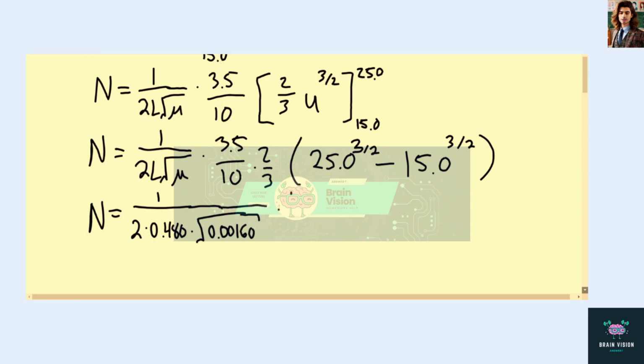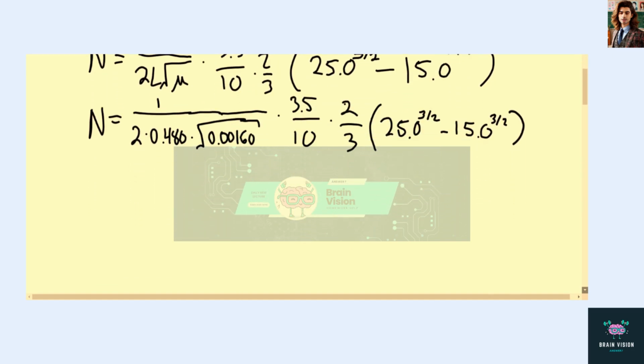And that is multiplied by 3.5 divided by 10. That's multiplied by 2/3. And then we have in the parentheses 25.0 to the 3/2 power minus 15.0 to the 3/2 power. And you go ahead and plug all of that into your calculator.